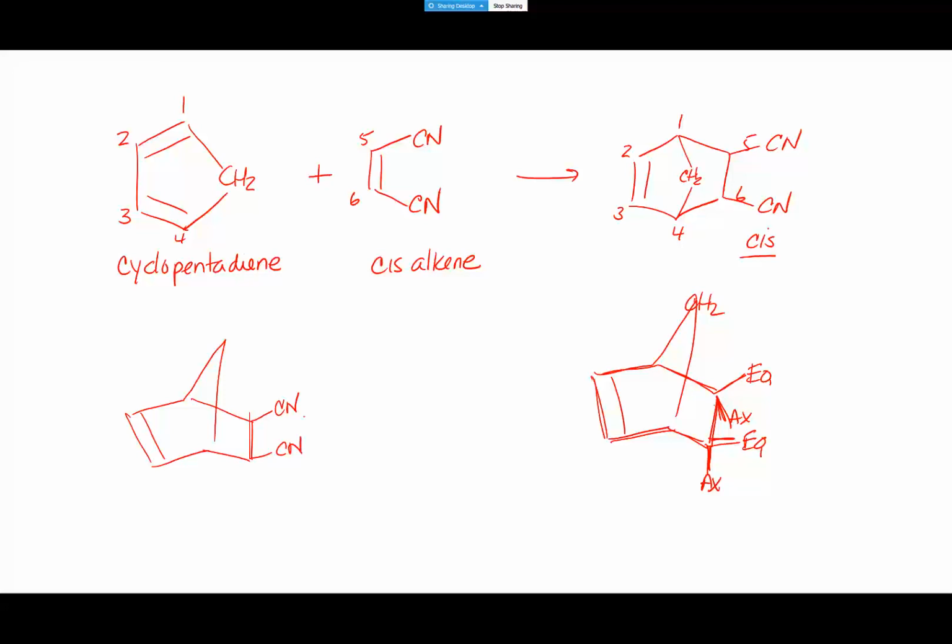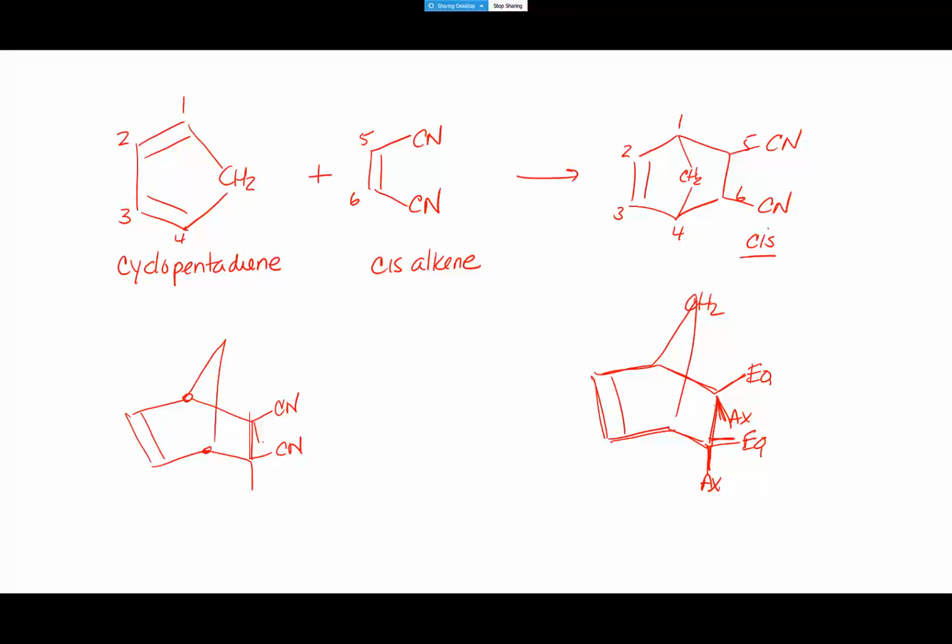Yeah, this is a boat. This is a boat conformation because these two carbons, it's not a chair. It's a boat because those two are being pinned up by the CH2. Yes, they're still both above the plane of the ring.